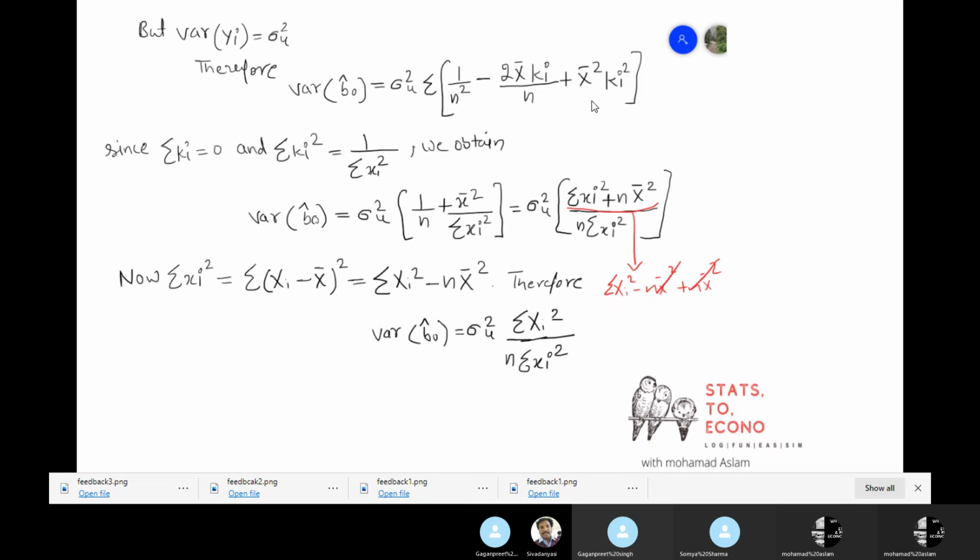And this mean square, this is a capital X actually, not a small x. Summation ki square is 1 by summation xi square, and this mean square with the n term will be here. If we take its LCM, it will be summation xi square into n mean square by summation xi square multiplied by n. Any doubt in this part?